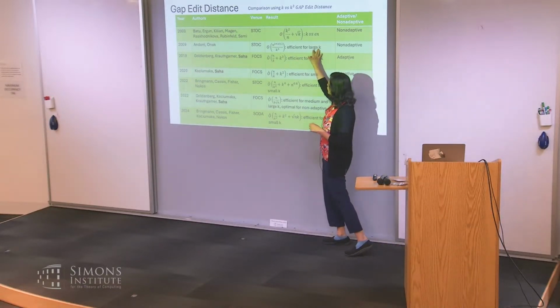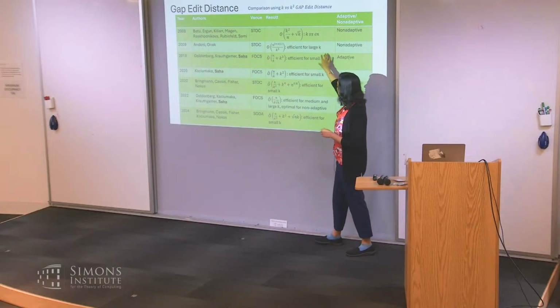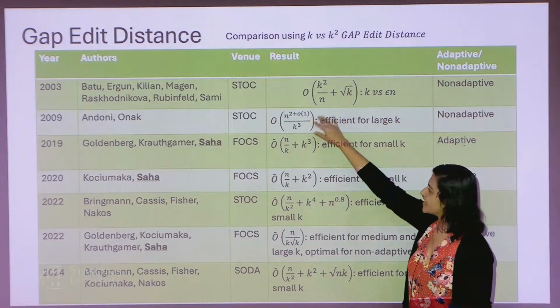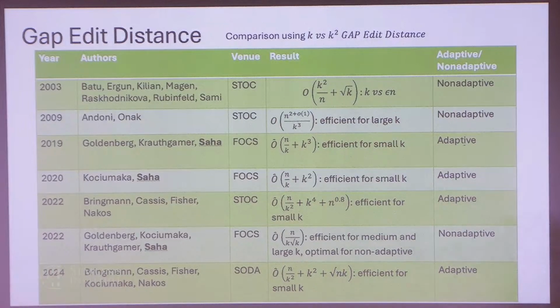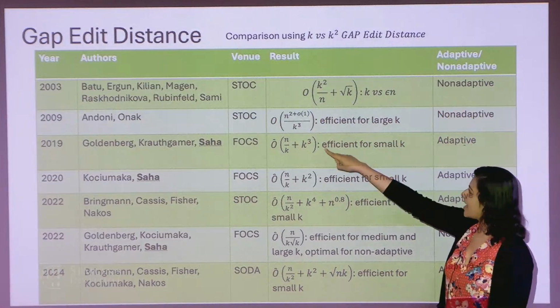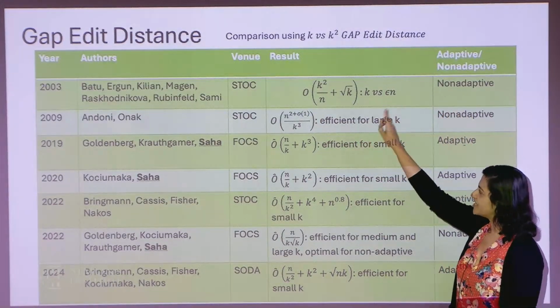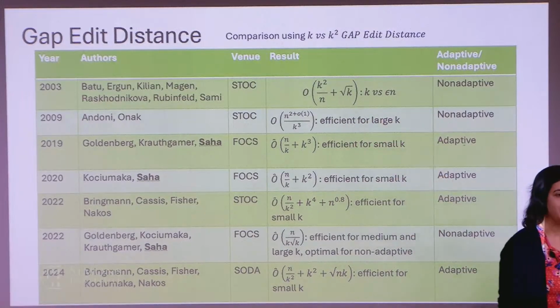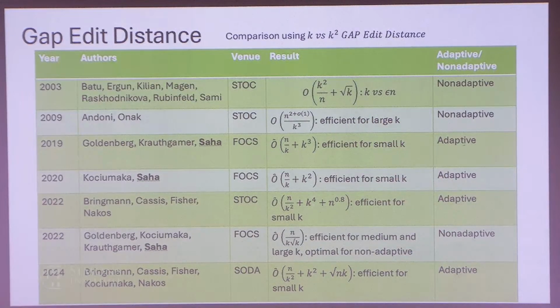So in 2009, this is a result of Andoni and Onak, where they could distinguish between k versus k squared, and this is the time that it would take. But at that time, from early 2000 to 2010, the main focus was on getting near linear time algorithms and good approximation for edit distance.